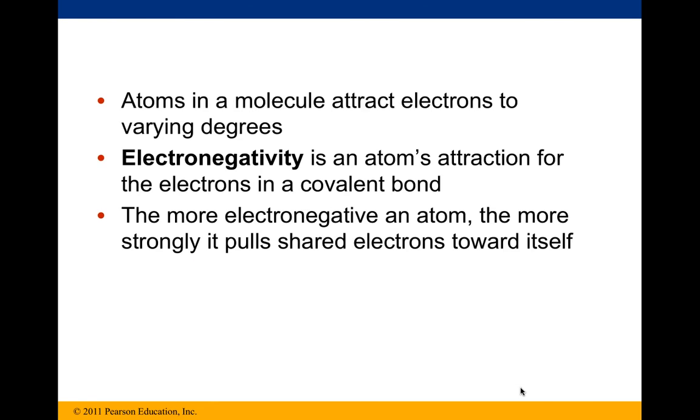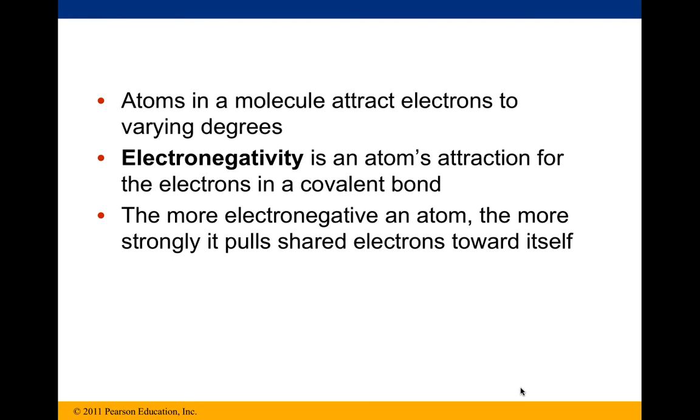In order to understand ionic bond, we should know what is electronegativity. Just like magnetism or magnetic power is property of a magnet, like that, atoms have attraction for electrons, and that property is called electronegativity.